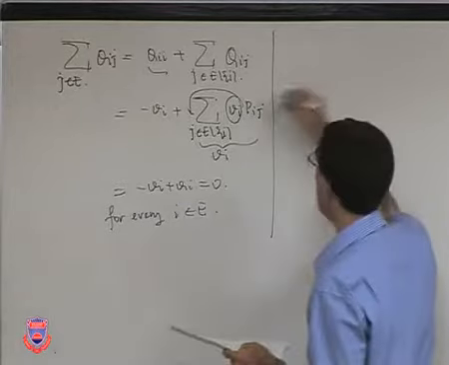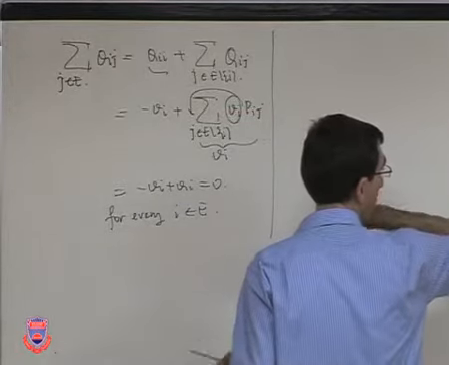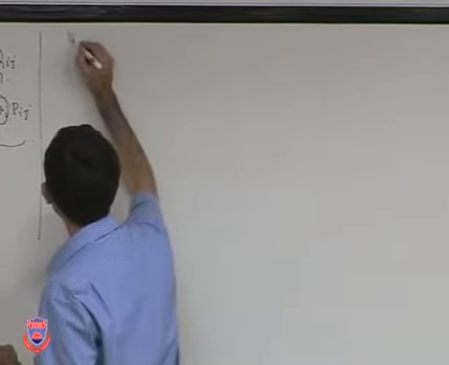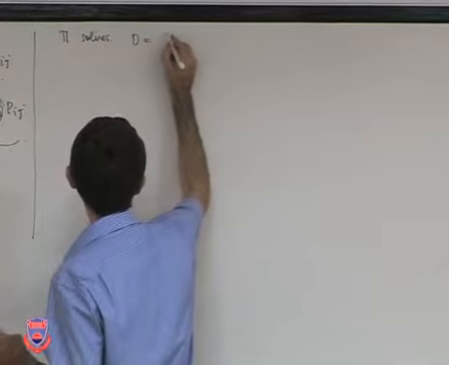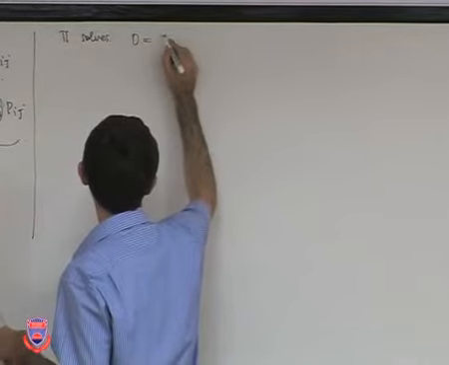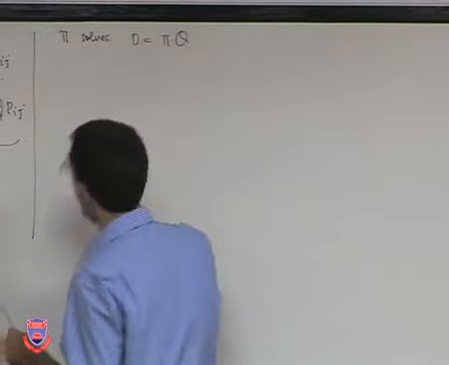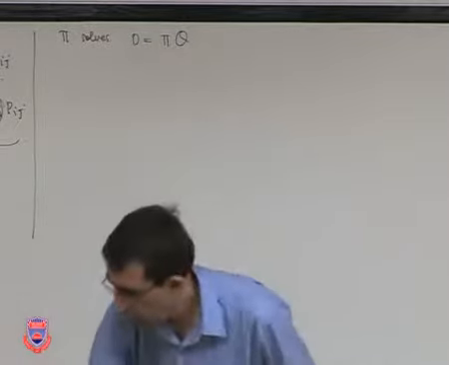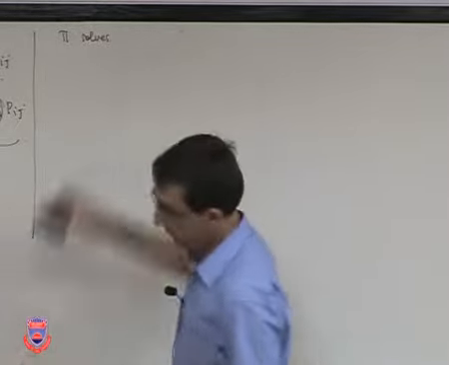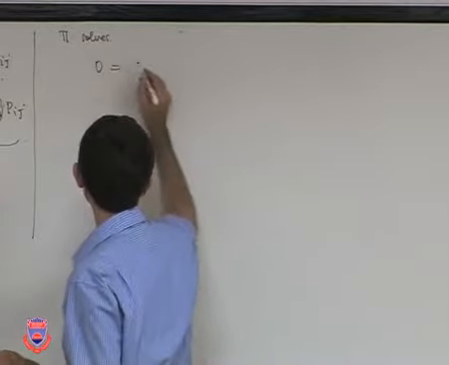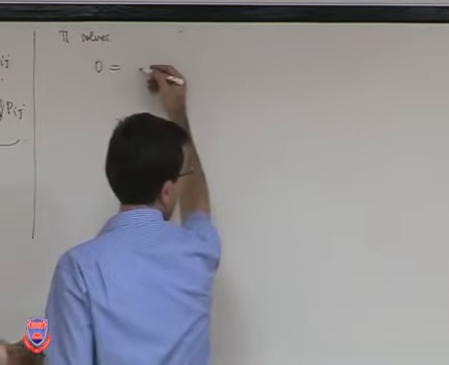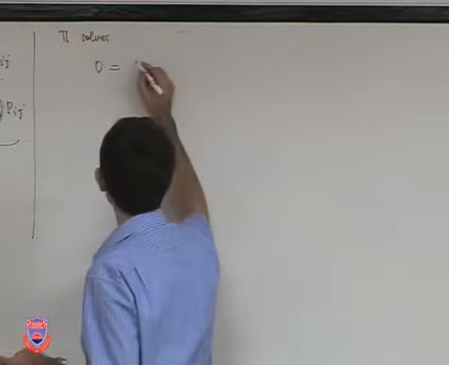We'll use this simple observation to show that pi solves the system of equations 0 equals pi times Q. Maybe we should write these equations in the usual form, not in terms of matrices.